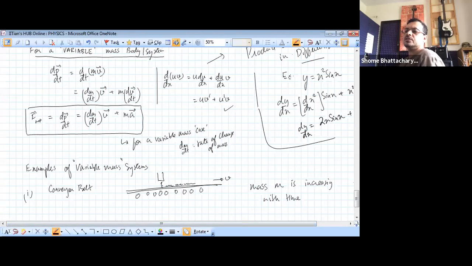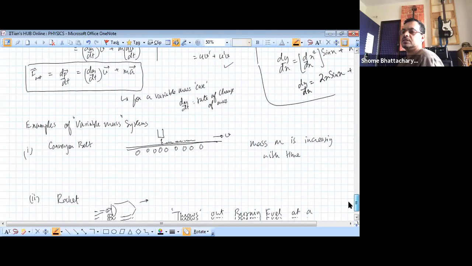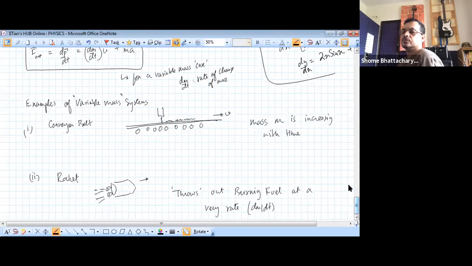Mass is also a function of time, velocity is also a function of time, both are changing. So it becomes differentiation of the first thing into the second plus the first function multiplied by the differentiation of the second. So that is your product rule of differentiation. Just note down a couple of examples also of the variable mass system as we are writing this down.